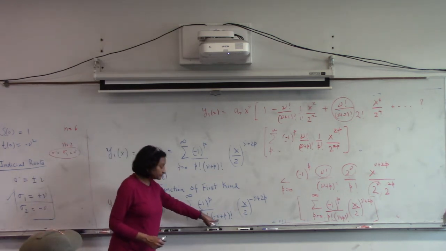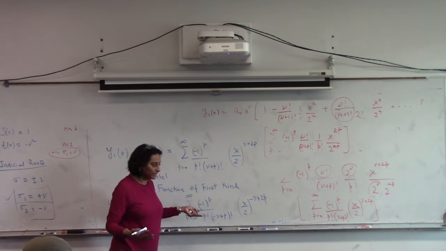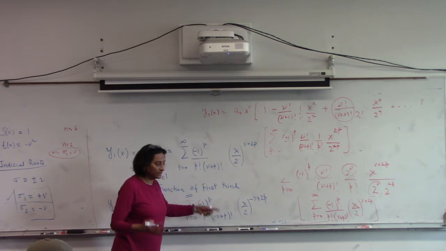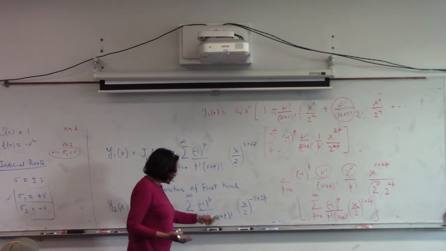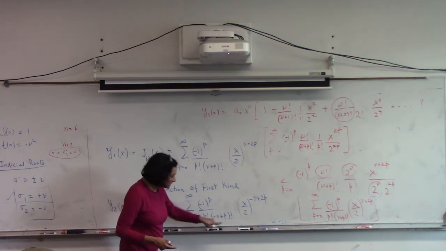So this quantity here, nu can be half or something, then this factorial has to be, normally you don't write it like this because you don't know how to calculate it. So you have to write it in terms of the gamma function. People don't write it like this.